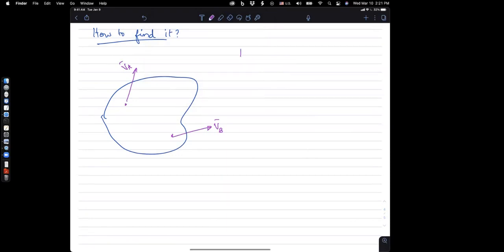To find this instantaneous center of rotation, given the velocities of 2 points, draw perpendiculars to those velocities.